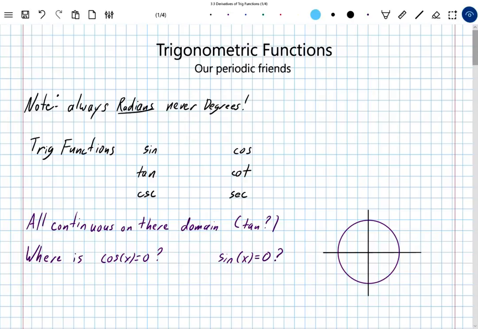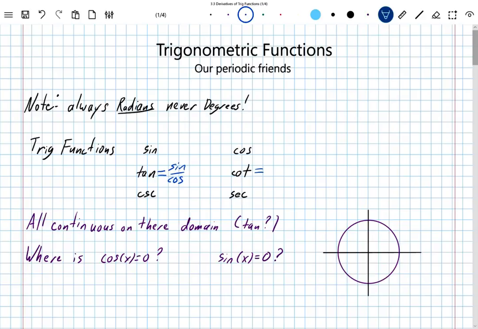Okay, I'm guessing that you probably need a quick reminder, not a full-fledged review, of some of our trig function properties. So sine and cosine are usually our base functions that we work with, but tangent can be thought of as sine over cosine. I'm going to leave out my x's and my thetas, or whatever other variable you want to use, for right now to make our lives easier.